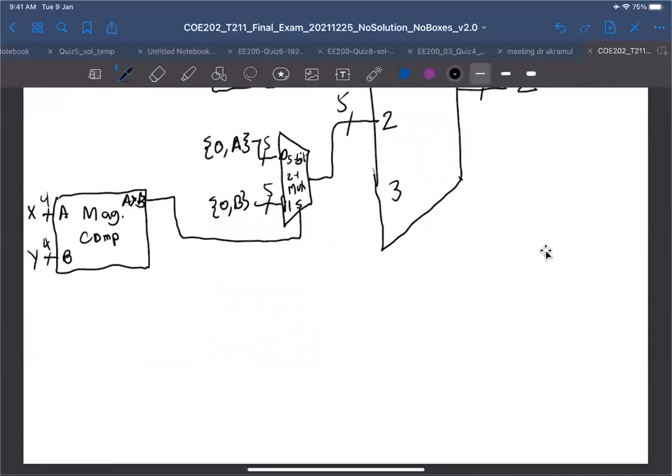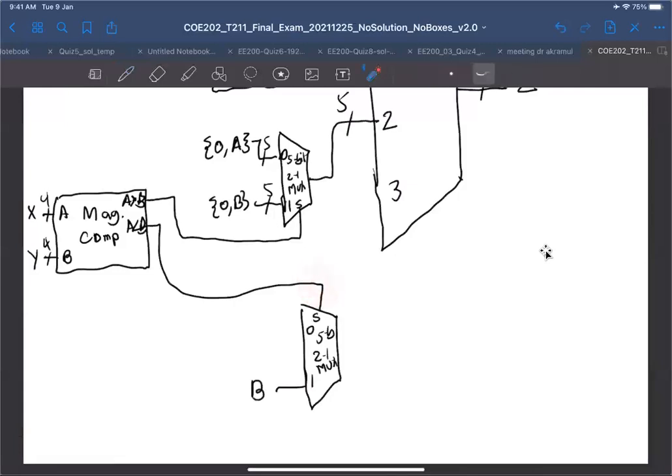We have another 5-bit 2-to-1 multiplexer here, and for the selection line, I'm going to feed it with A less than B. If B is the larger number, then this is going to be a 1.